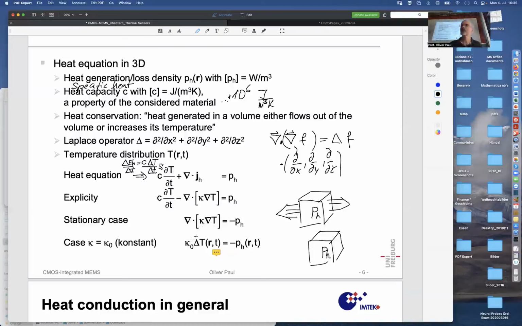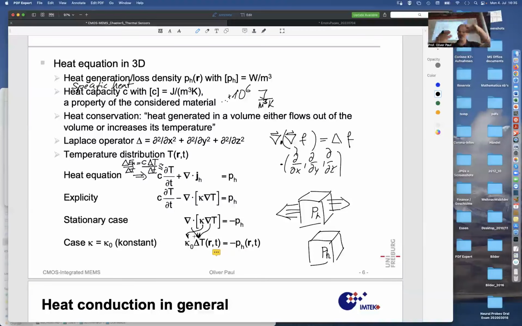and if kappa is assumed to be constant, a number independent of space, independent of temperature, then we can take it out. And then we have divergence of gradient, and that divergence of gradient is of course the Laplace operator. The kappa is assumed to be independent of temperature and therefore independent of space.